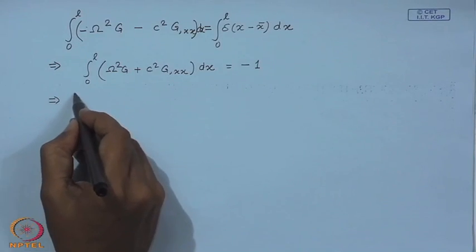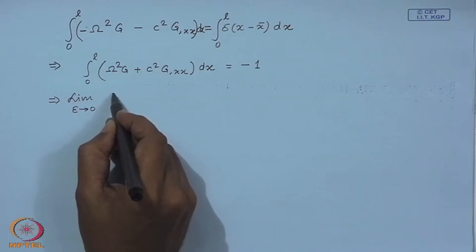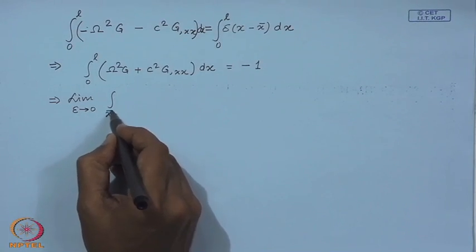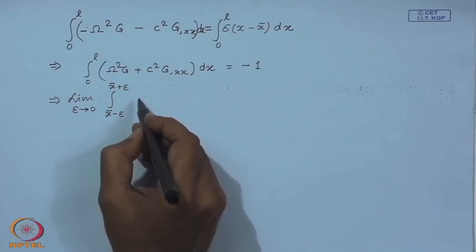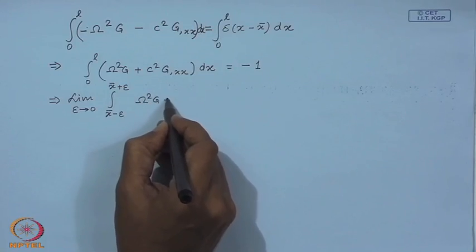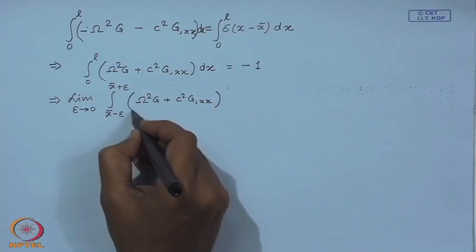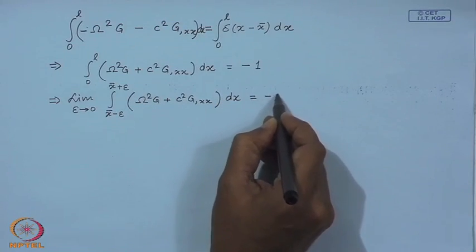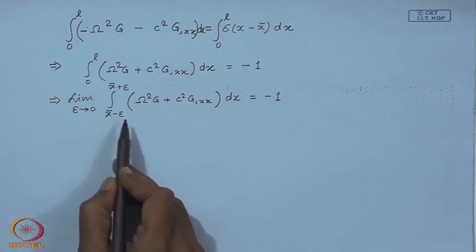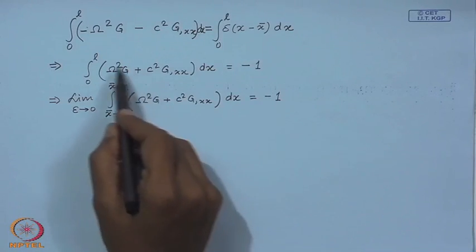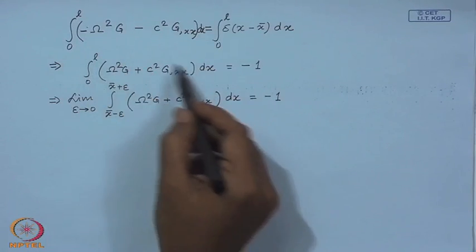So, we can write this as: from 0 to x bar minus epsilon, this integrand is 0; from x bar plus epsilon to L, this integrand is again 0.